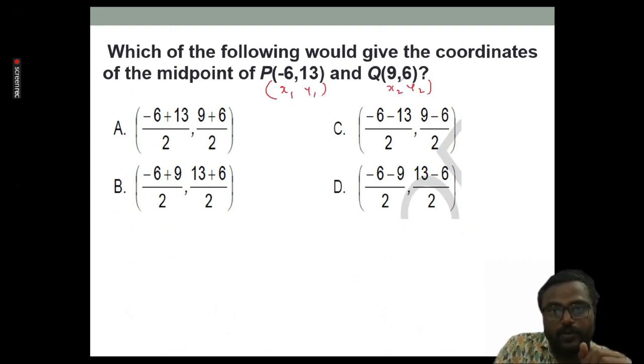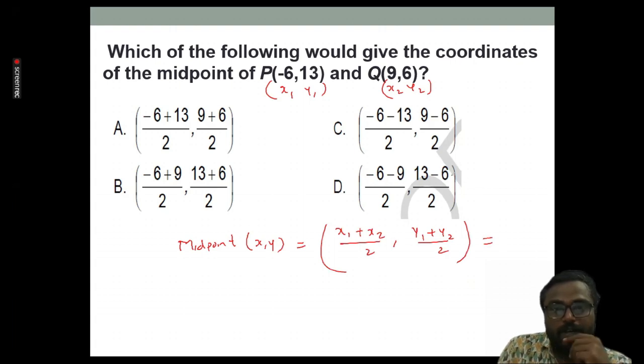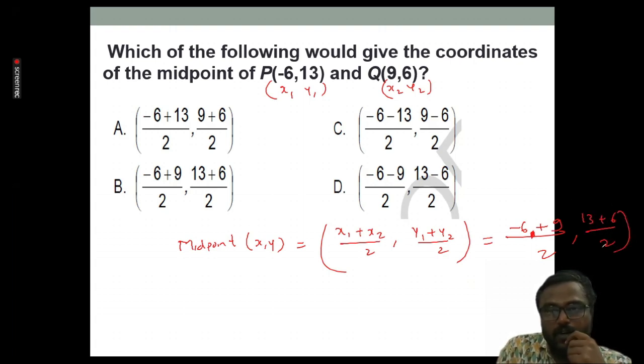This is x2, y2, and the midpoint (x, y) would be nothing but the average of the x coordinates, comma, the average of the y coordinates. So let's plug the values in here. We have negative 6 plus 9 over 2 and 13 plus 6 over 2.